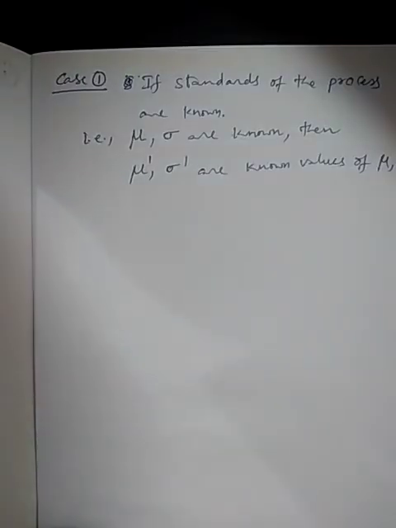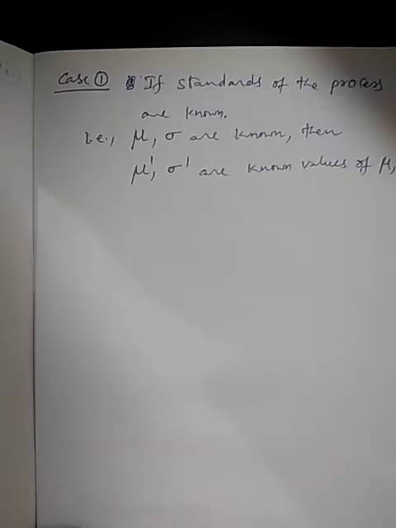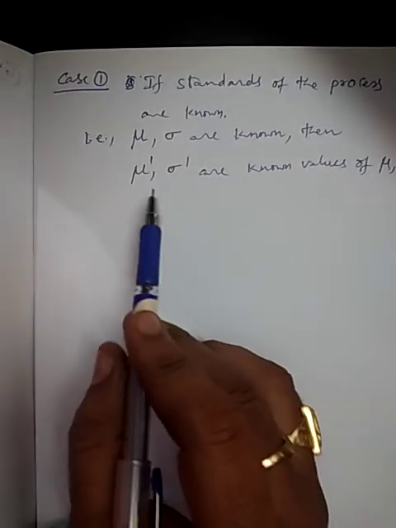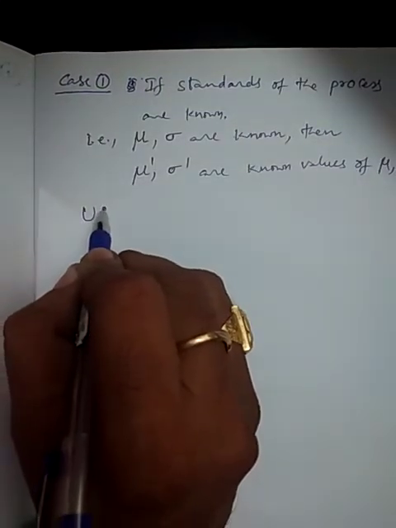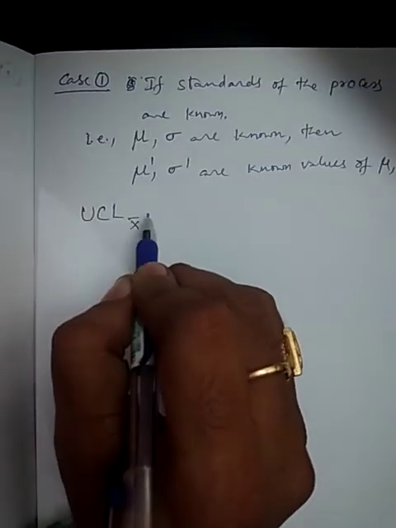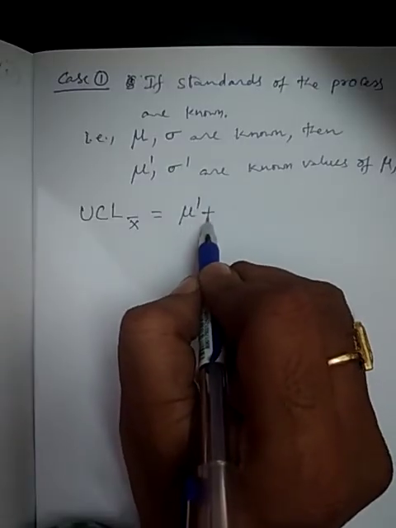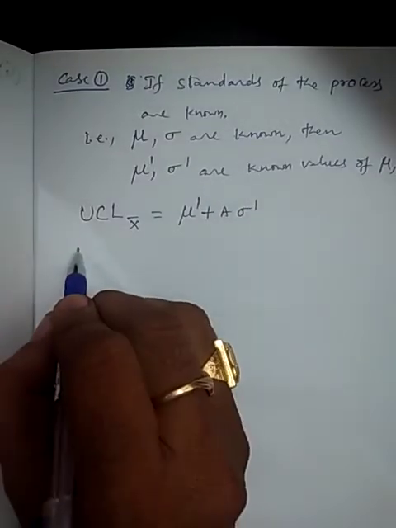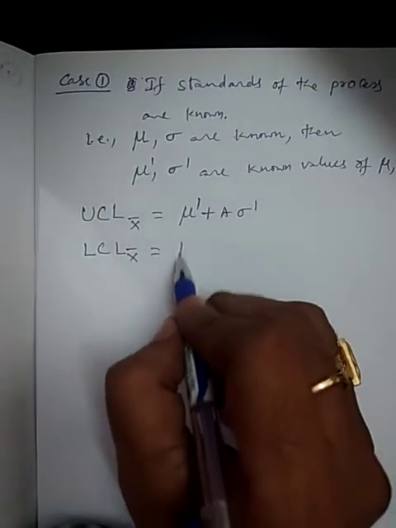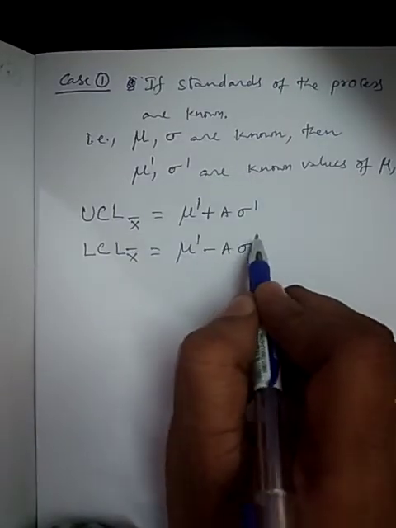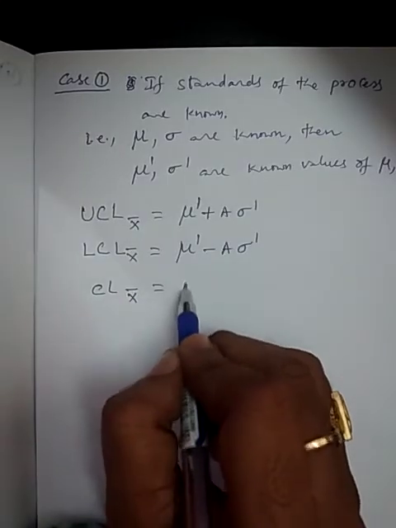If mu dash and sigma dash are the known values of mu and sigma, then in this case it's very simple. Again you recollect the formula. Then the control limits are: UCL of X bar is mu dash plus A into sigma dash, LCL of X bar is calculated by mu dash minus A into sigma dash, and the central line CL of X bar is equal to mu dash.